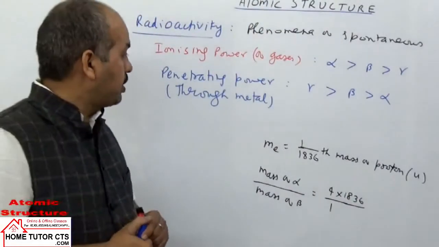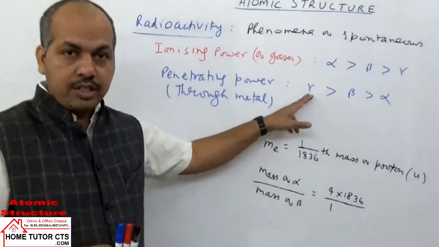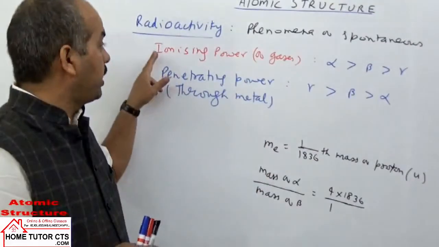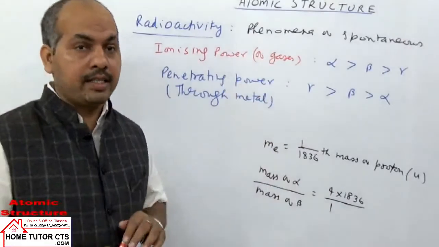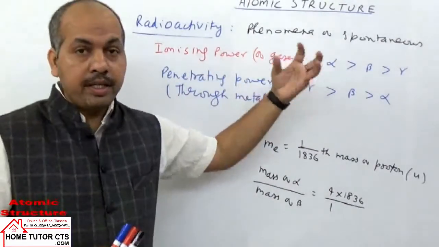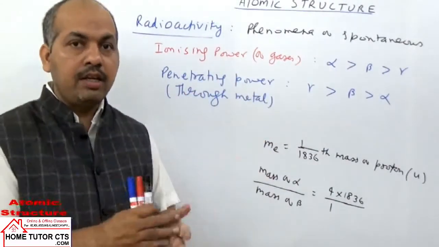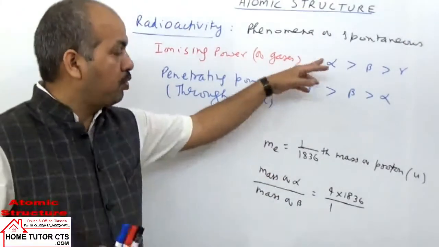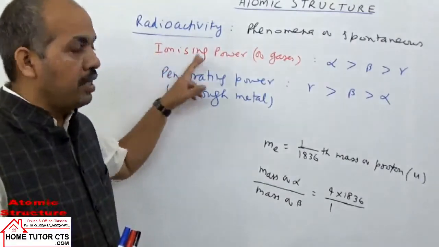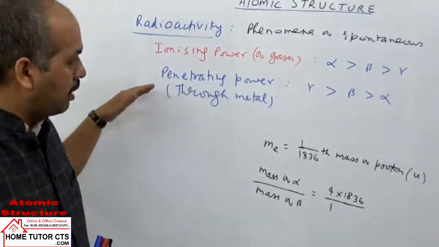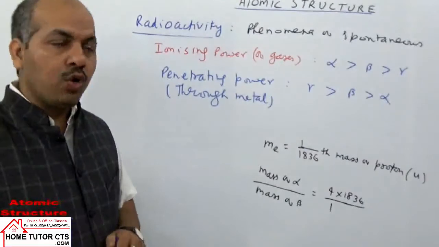But for gases, the ability of the radiations to ionize the gas is highest for the alpha particles. They are heavier particles and carry higher energy, so they can cause gas ionization easily. Whereas for gamma radiations, this ability is lowest.